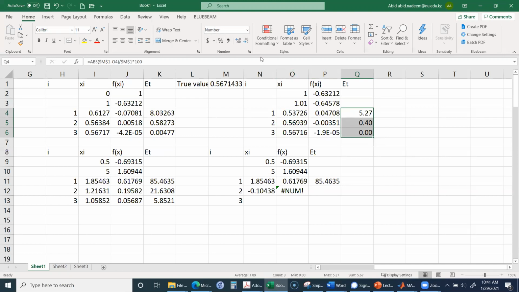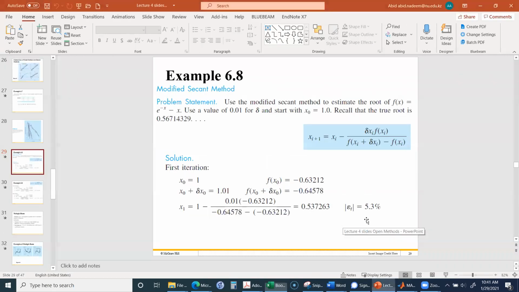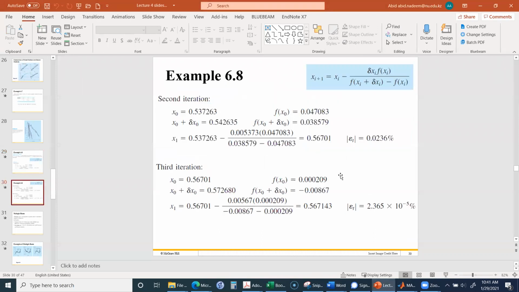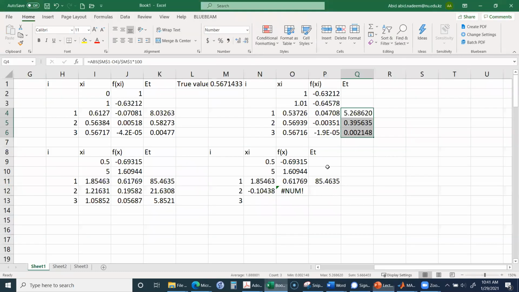Maybe I can show the full number of digits: 5.26, 0.86, 0.39. So these are the same values. Here, 5.3%, and in the second iteration it was 0.0236%, 0.023%.